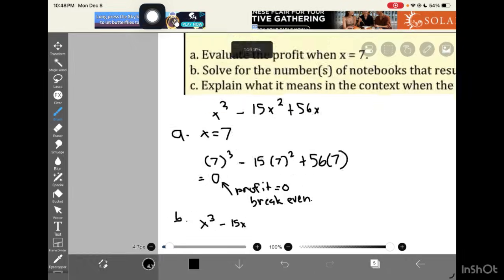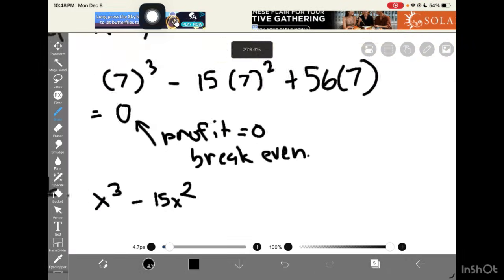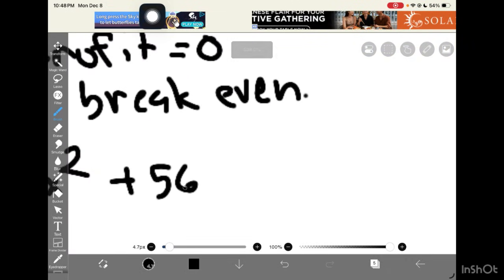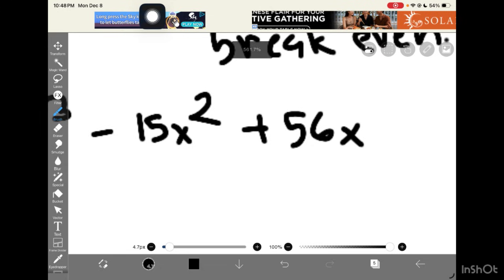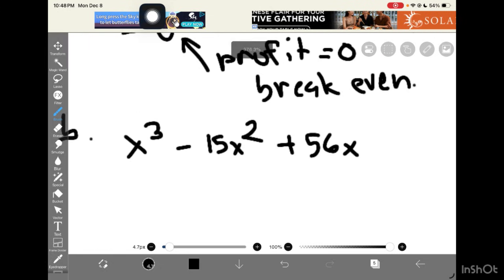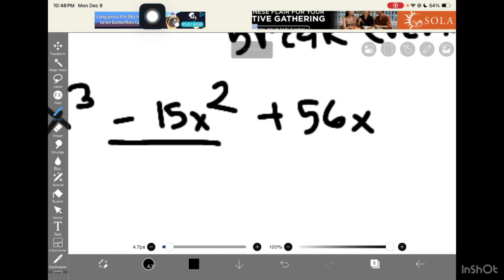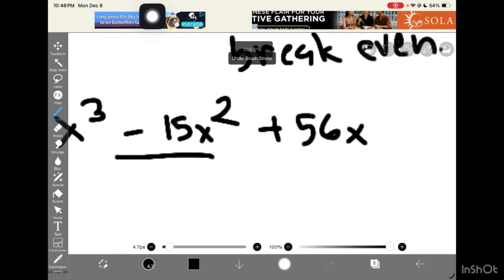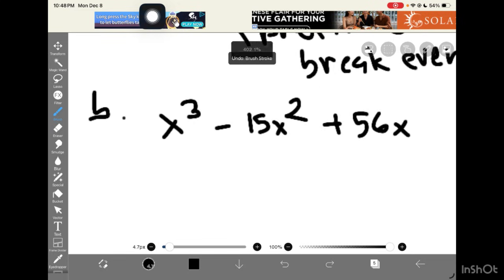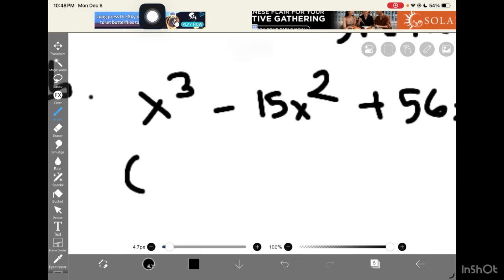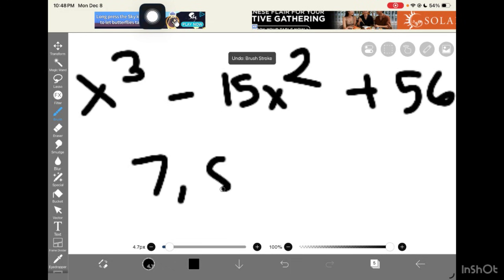Since it's still in descending order, we can just find two divisors that when you add them together give negative 15, and when you multiply them give 56. And those divisors are 7 and 8.